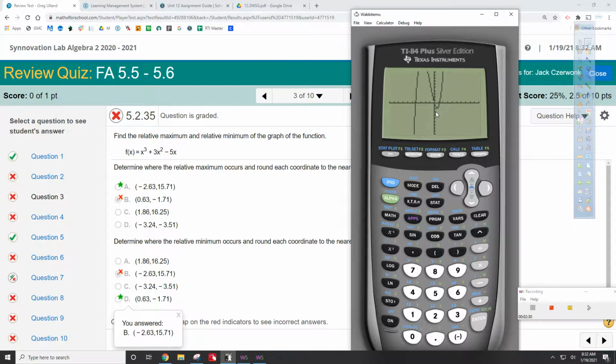Okay? So you go calculate. Well, we'll do the maximum first.